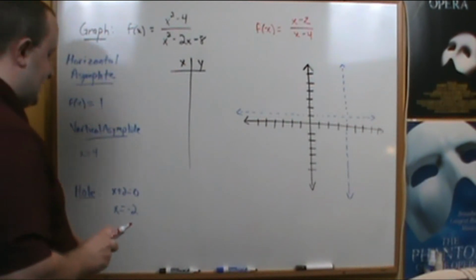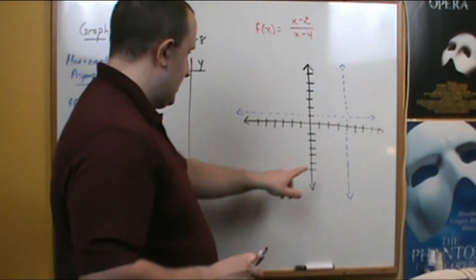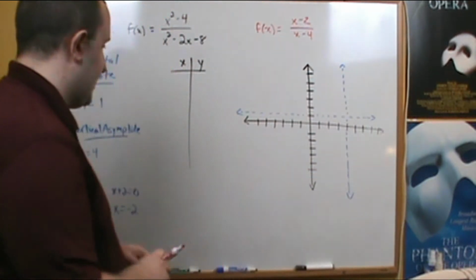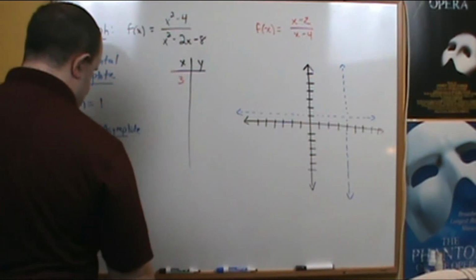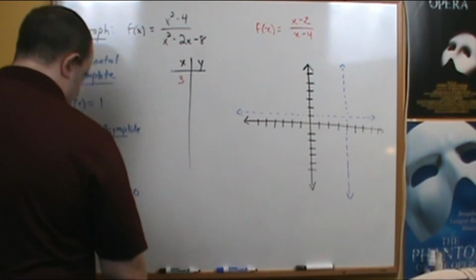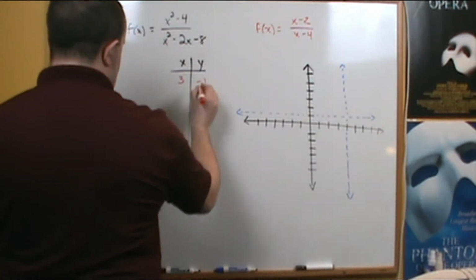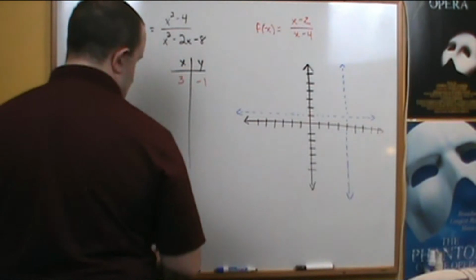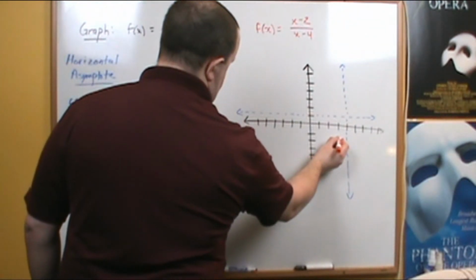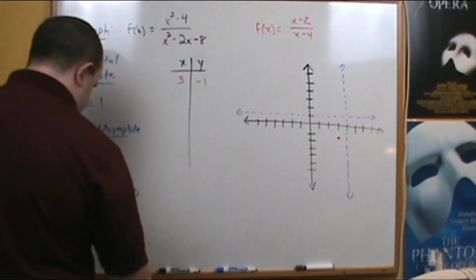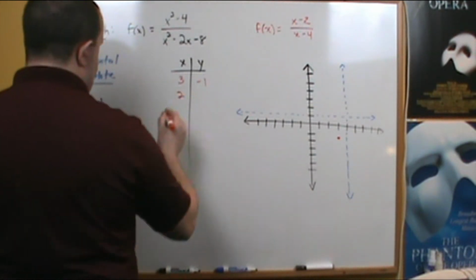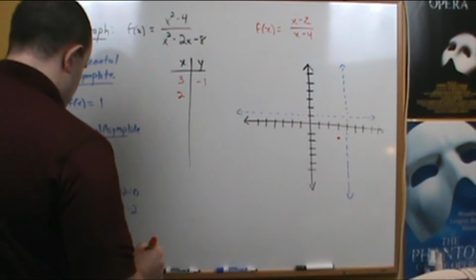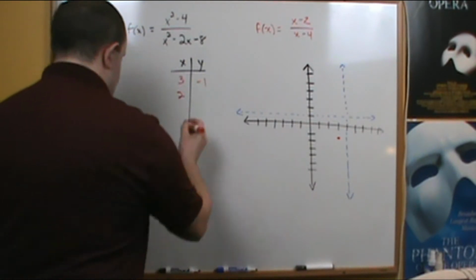So let's look first at, let's say, x equals 3. When x equals positive 3, our value of y is negative 1. So it's going to be right here. What about x equals 2? That's going to give us a value of 0.